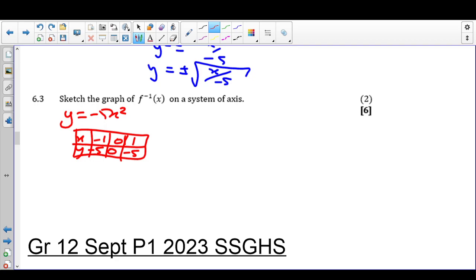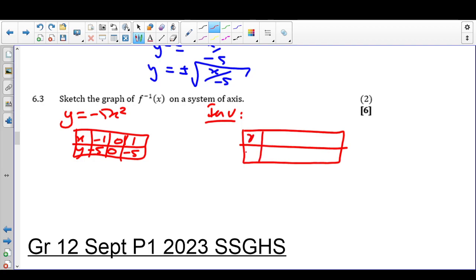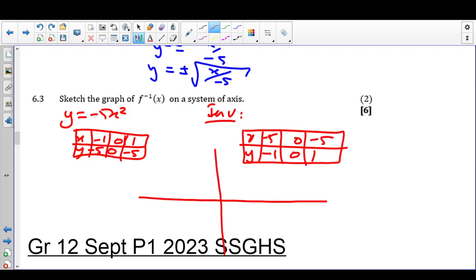So if I go for the inverse function, we just interchange those values. So it's -5, 0, and -5. Okay, so 0 and 0 remain 0 and 0. -1. So it'll be -5.